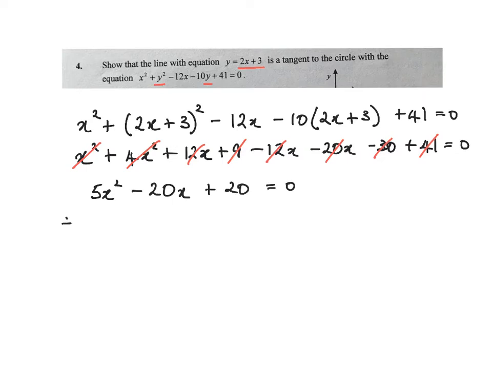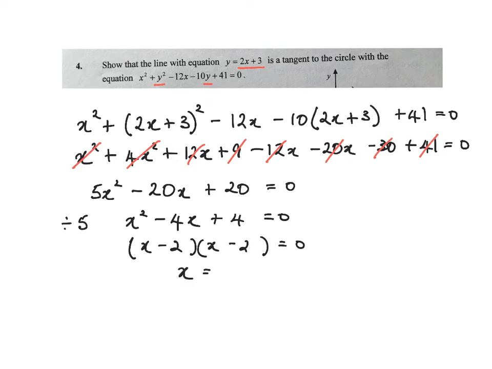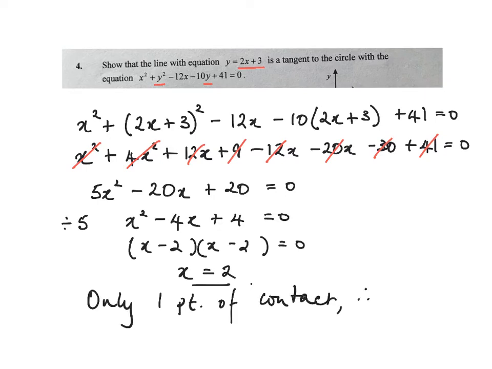I'm going to divide by 5. I can then factorise. Only one point of contact. That means that line is a tangent.